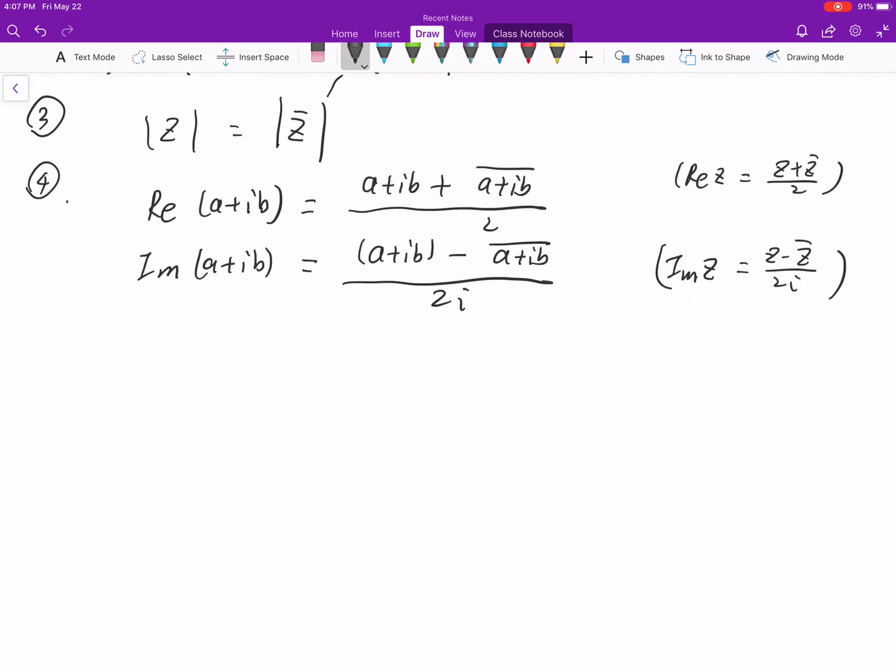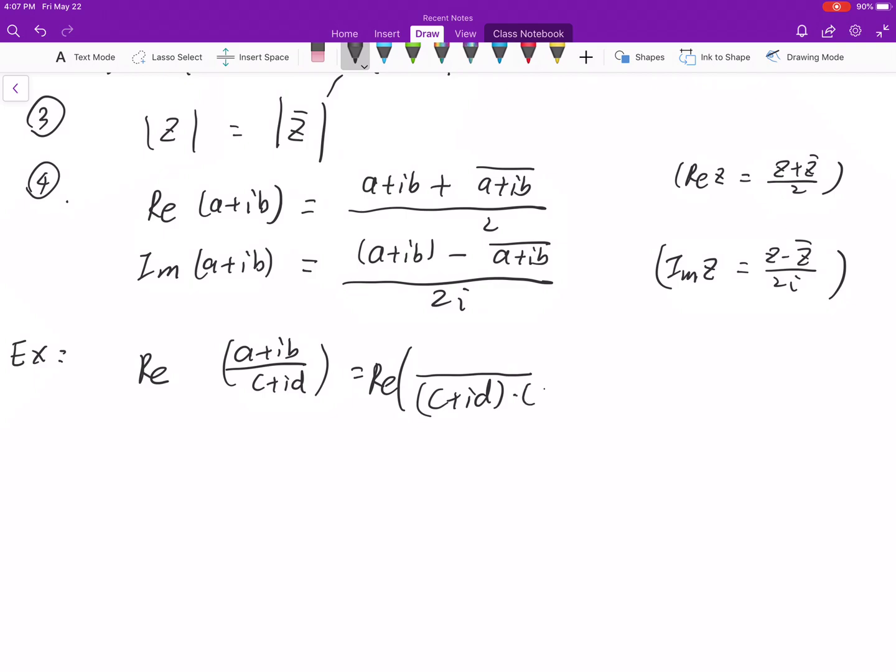Okay, so exercise: what is the real part of this quotient? We will come across this type of quotients a lot later. So let's compute it. The way to solve it is we multiply both top and bottom by the conjugate of the denominator.